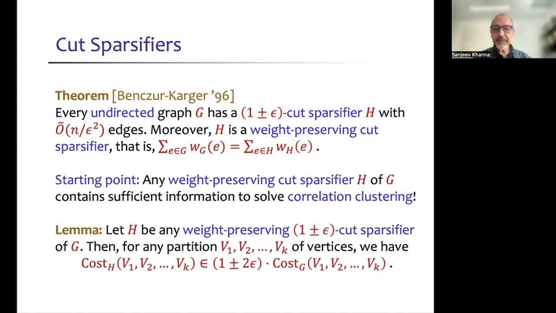So at least information theoretically, a weight-preserving cut sparsifier has all the information needed to get a 1 plus epsilon approximate correlation clustering solution. I should note here that similar statements have appeared in previous works, but not in this exact form that we need.